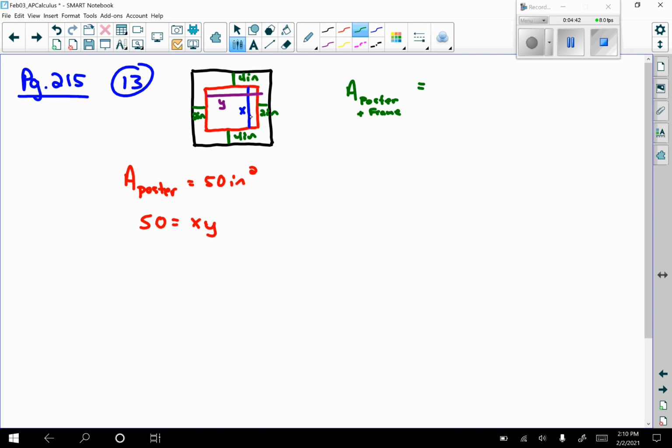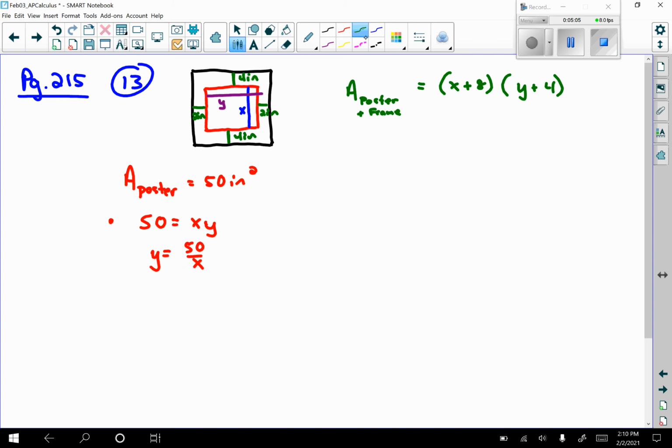So that's going to become x, and then we have 4 above, 4 below, so we're going to have an x plus 8. And then we'll have a y plus 2 plus 2, so it's going to be a y plus 4. But I want to get all of this in terms of one variable, so why don't we replace the y? So that means I'm going to go back over to this formula here and solve for y in terms of x. So y is going to equal 50 over x.